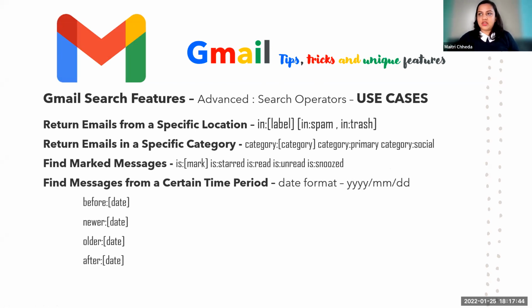If I say newer than 1st April 2021, all the emails after that date, the latest ones, will be shown over here. Older would be older than this particular date, and after would be after. So basically these are interchangeable, but all these four functions can be used in your Gmail. These are basically all SQL functions, so people who have used SQL will identify with this.